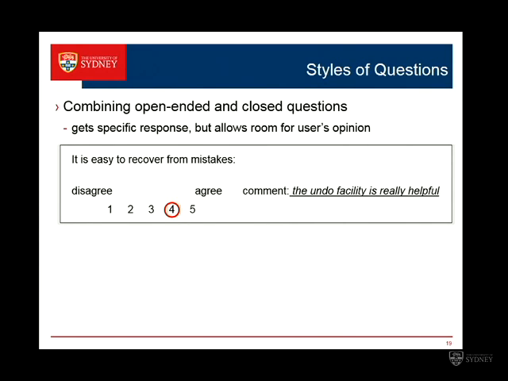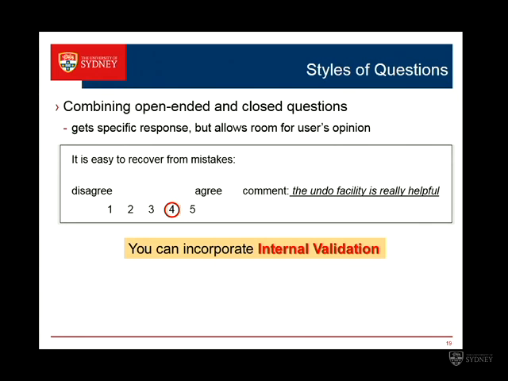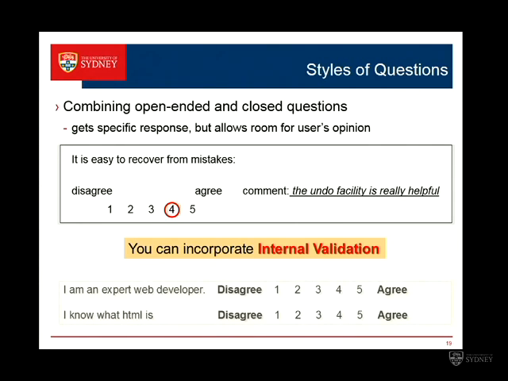In addition to asking for your agreement and so on, we also ask you, say, why did you have this opinion? You can also put some kind of internal validation in your questionnaires. What I mean is sometimes people will put one question where the answer is yes and another question where it is the opposite. For example, if I ask you one question, I am an expert web developer, and then another one, I know what HTML is.